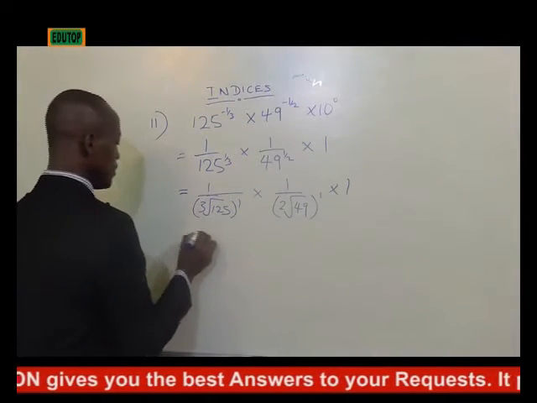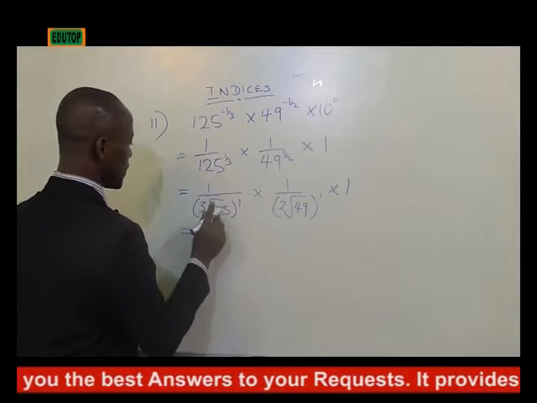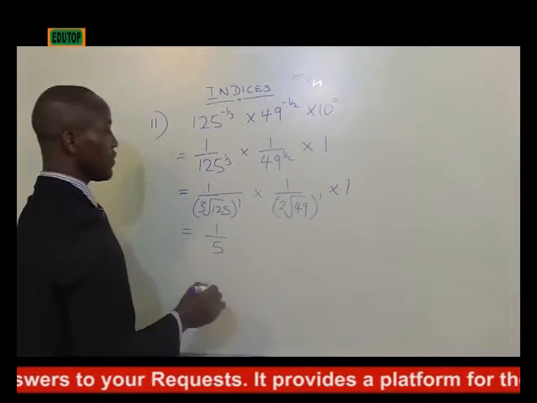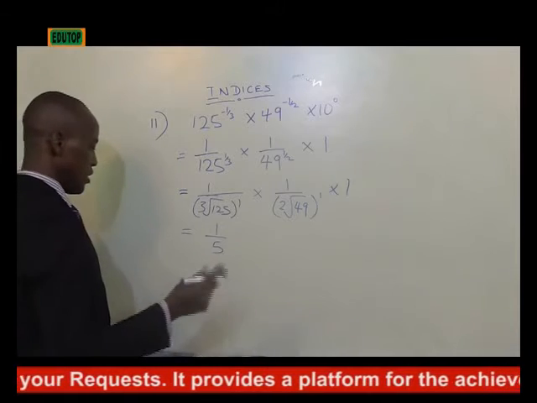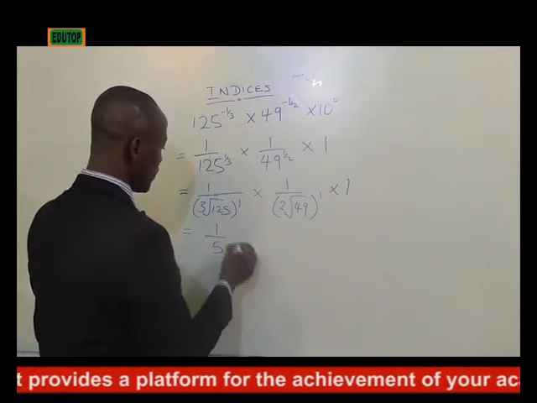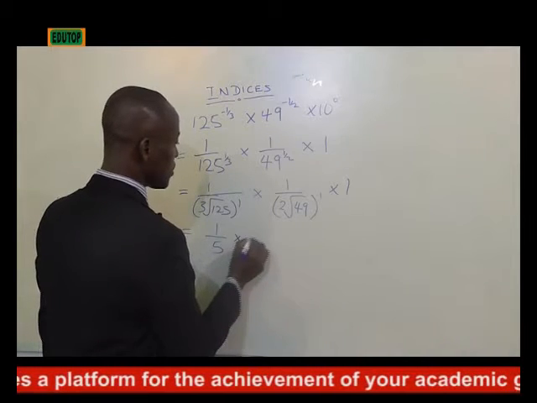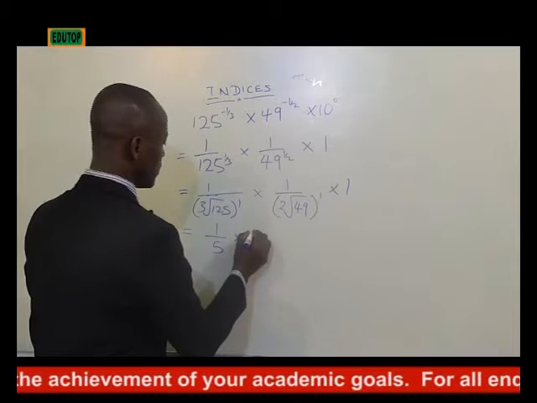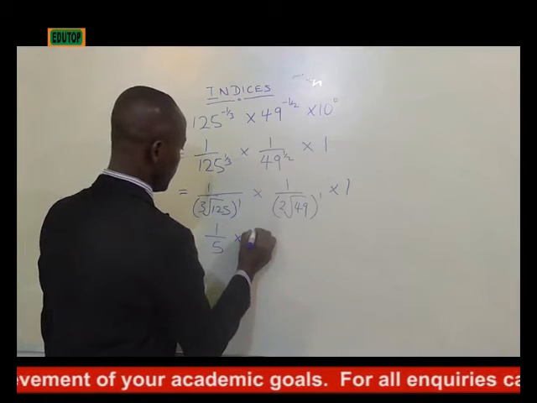So we'll now be having 1 over the cube root of 125, which is 5. 5 times 5 is 25, 25 times 5 is 125. Raised to power 1 is still 5. Times the square root of 49, which is 7, since 7 times 7 is 49.